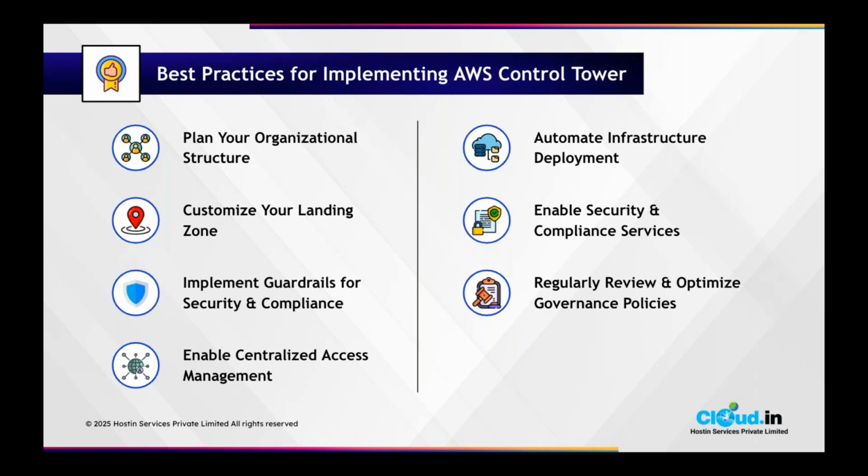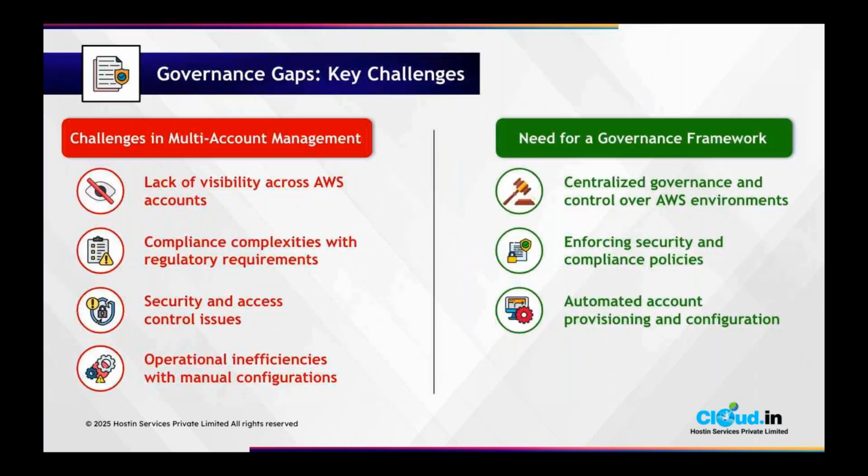So, security and compliance from day one must be followed to give you the best practices. Then also you can have standardized processes across all your AWS accounts. And last but not the least, less manual work, and you can thank automation for it.